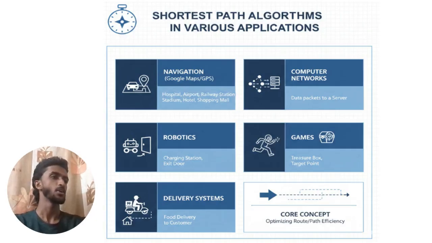In robotics, a robot wants to reach the charging station or exit door using the shortest path. In gaming, a character wants to reach the treasure box or the target point using the shortest path. In a delivery system, the delivery rider wants to reach the customer's house using the shortest path. So this problem is very useful in real life.